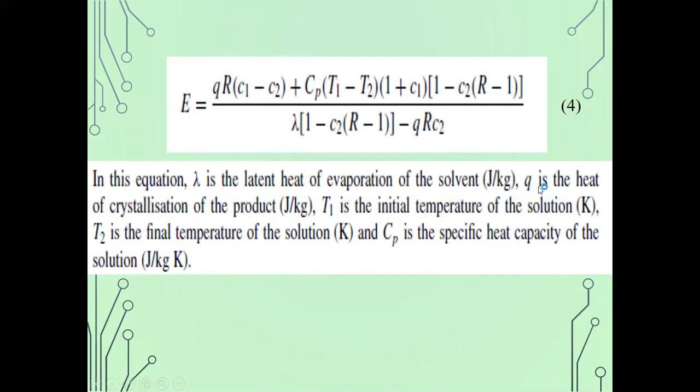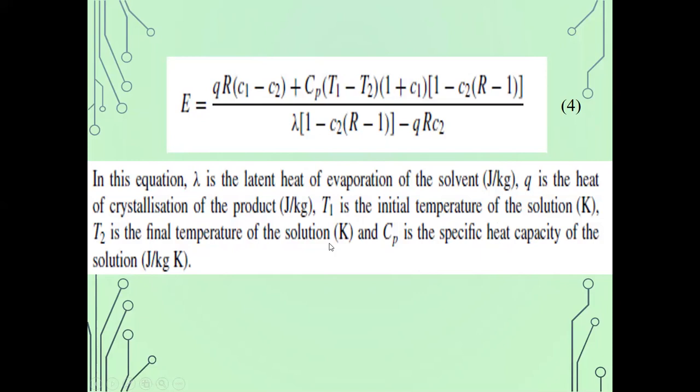We can't find this anywhere. The problem will give us all the information in this formula and only this unknown, E. T sub 1 is the initial temperature of the solution, meaning of the feed as initially processed in the crystallizer. And T sub 2 is the final temperature of the solution.